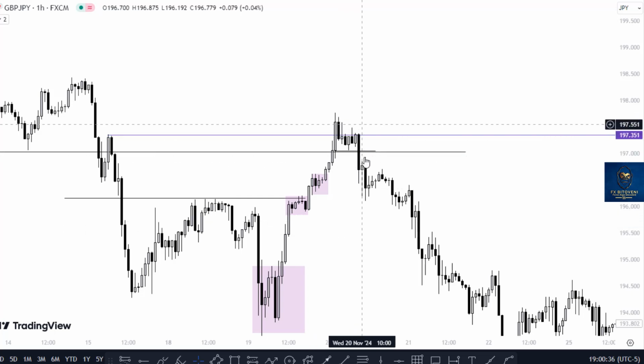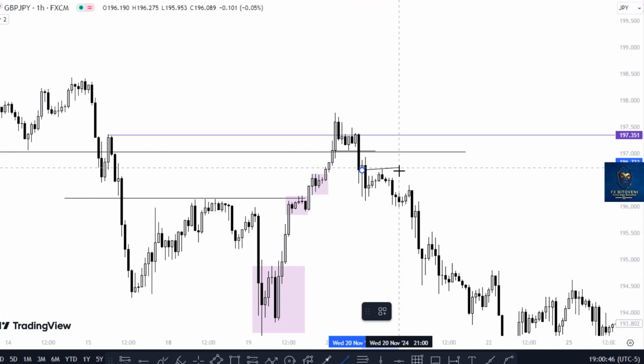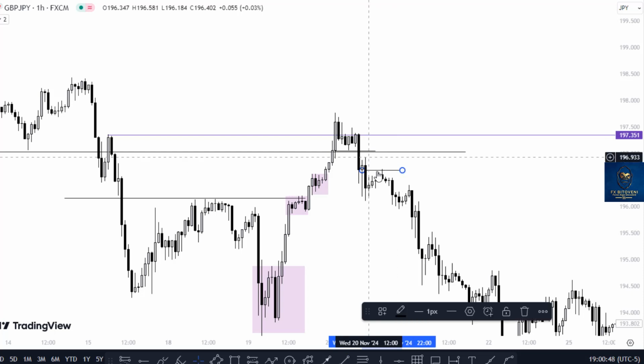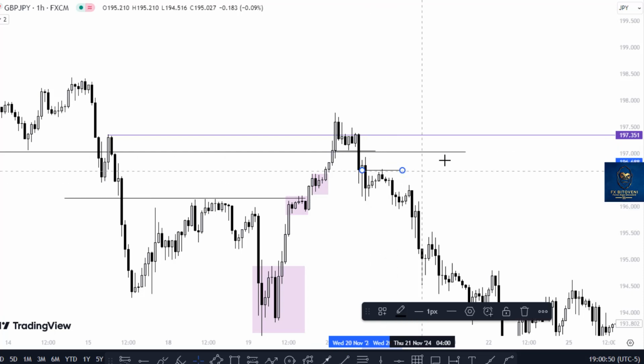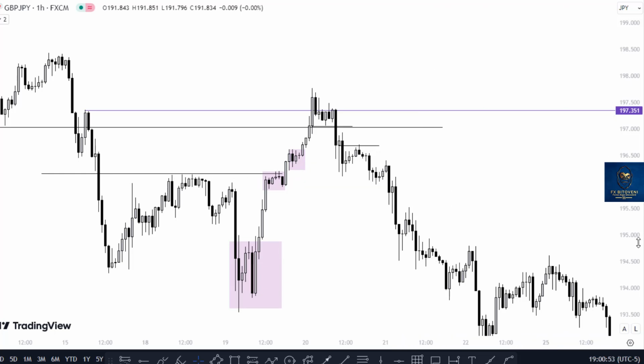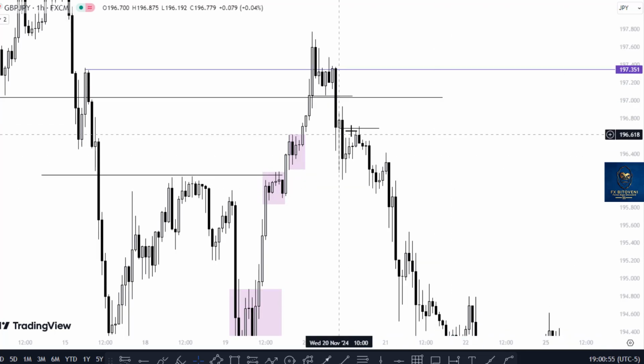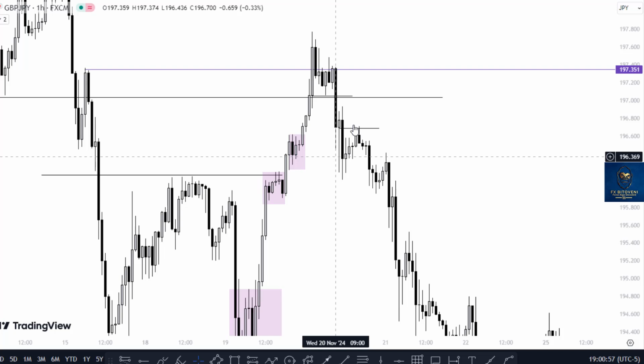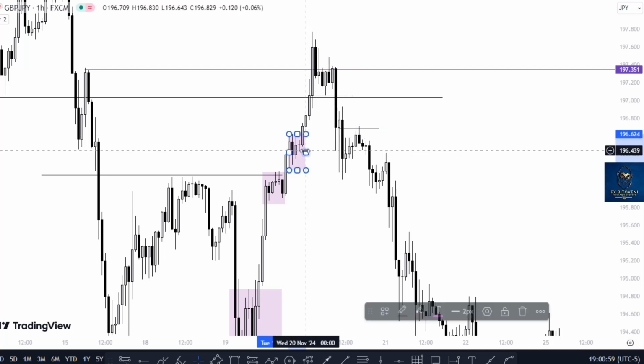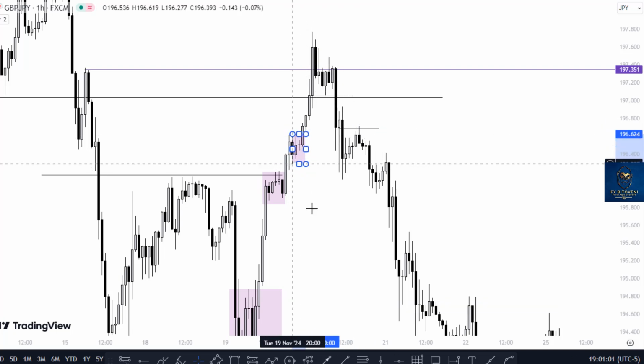Now what we see, price is dropping down. Then every up candle will be supporting a down move, price dropping down. Then look what happens when we reach on this area. Here we have like a silver bullet setup.